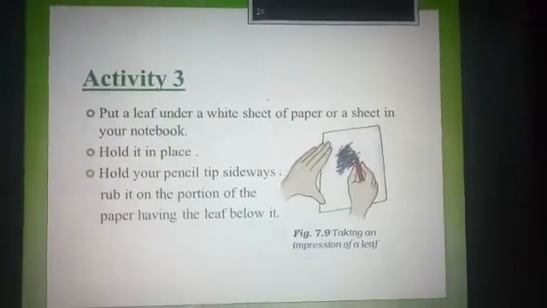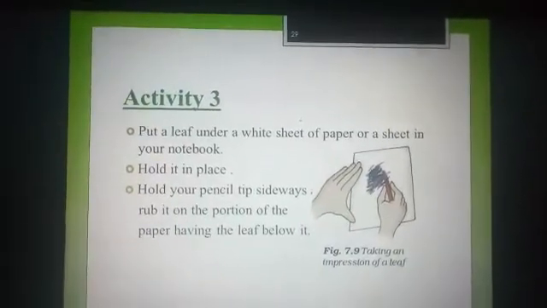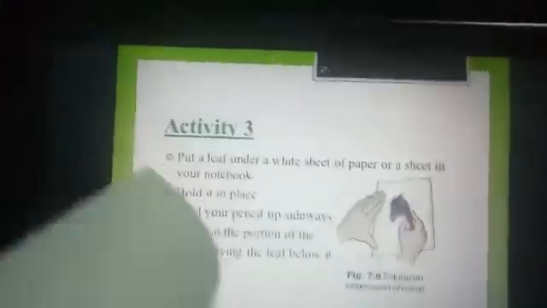This topic is more or less matching with your drawing class also. So here we have already completed this impression. You are observing, just observe this carefully, right? After making the impression, here is the diagram. So you are observing this impression. This one is the petiole, and here the middle line is known as midrib, and the lines attached to the midrib are known as veins.